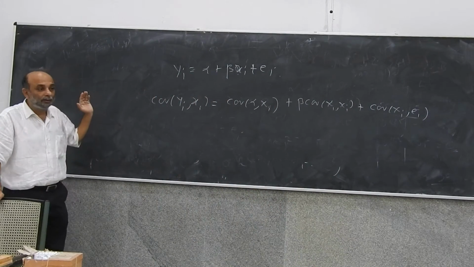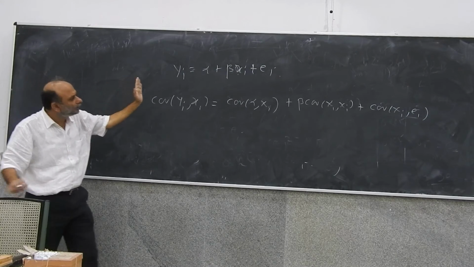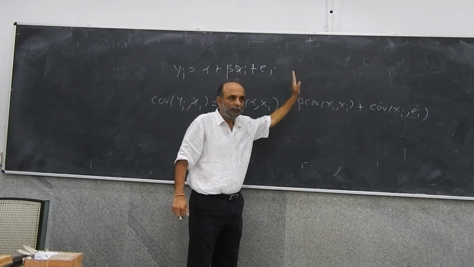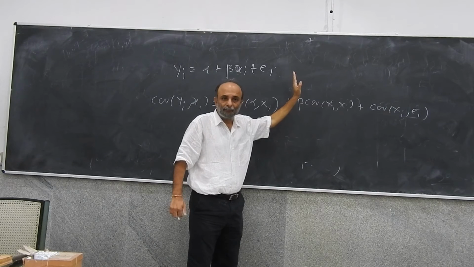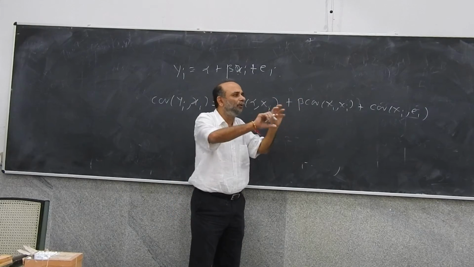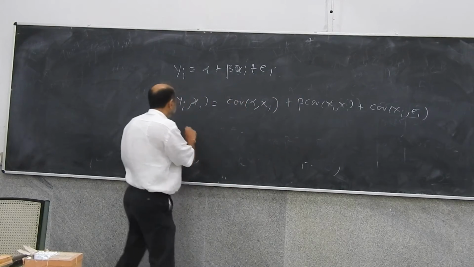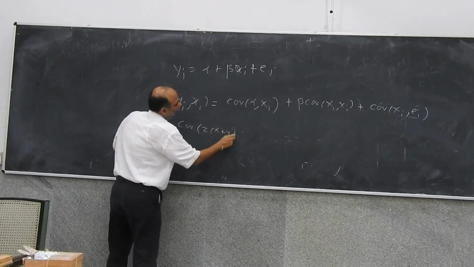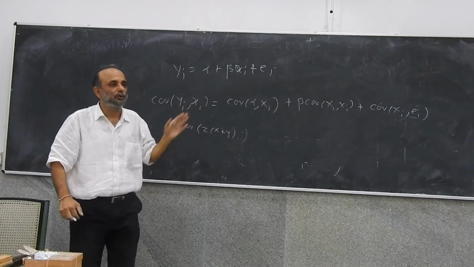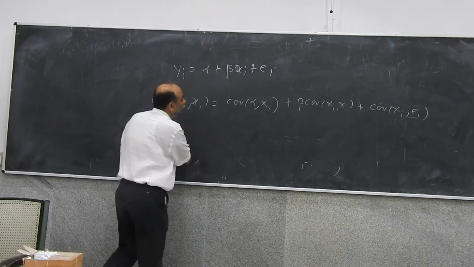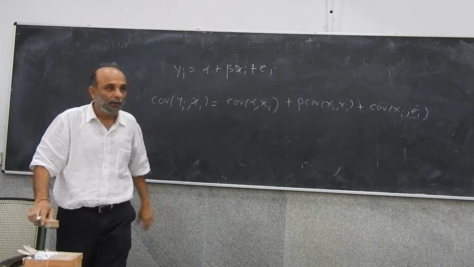Is this clear? So the covariance of x with y is the covariance with each individual term. You can check that out in a formula. It's easy to show, for example, that the covariance of z with x plus y is the covariance of z and x plus the covariance of z and y, and so on. That I leave for homework for you to prove.